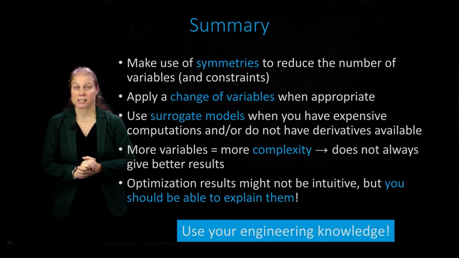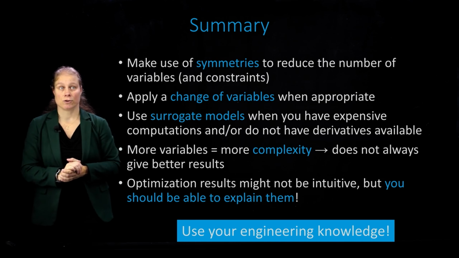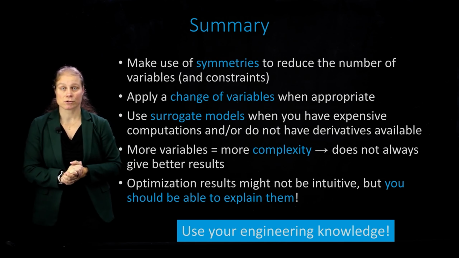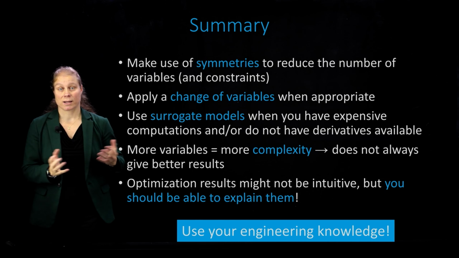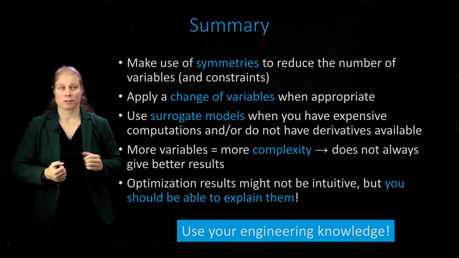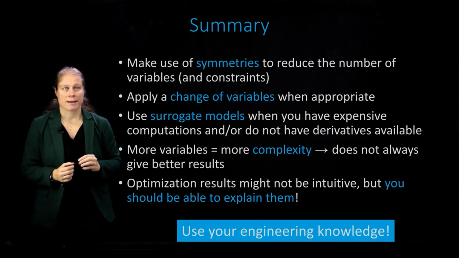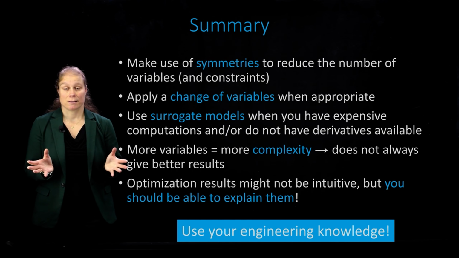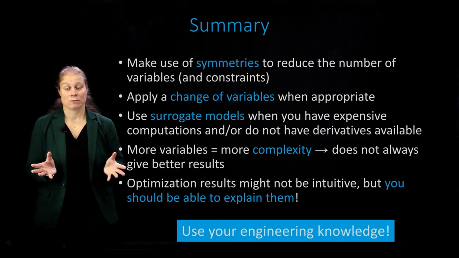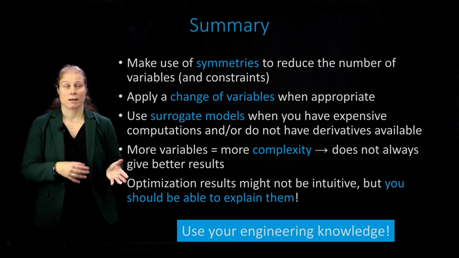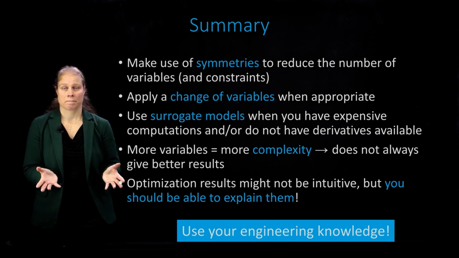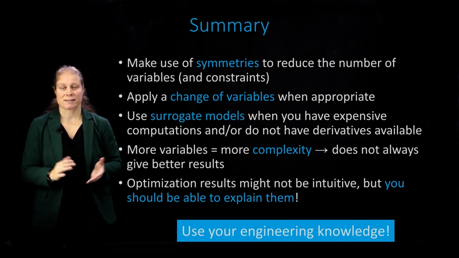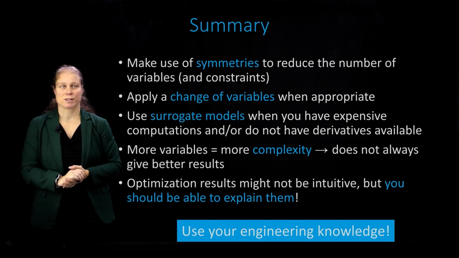If you have a very expensive analysis, you might want to use surrogate models to help get a smoother and faster evaluation. And remember that more variables is not necessarily better. Think about what you really need and try to balance that with having more design freedom.